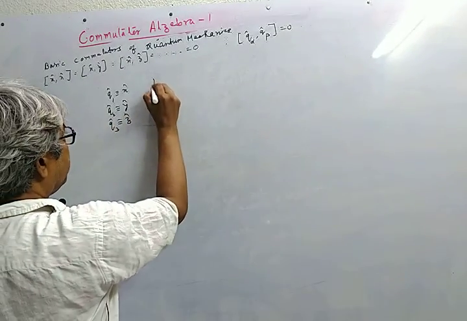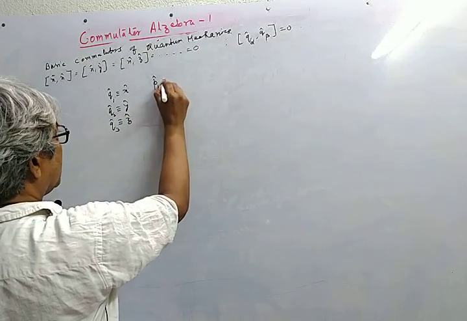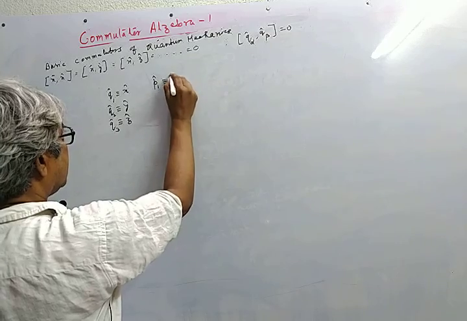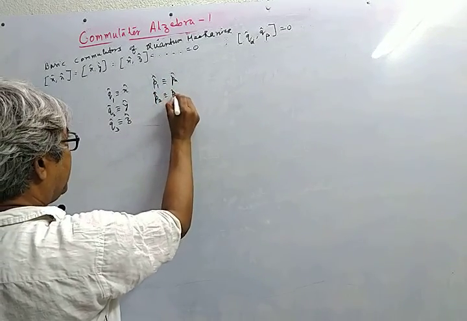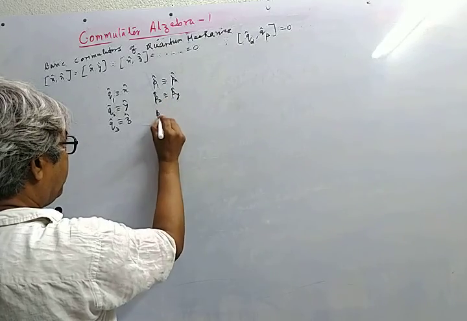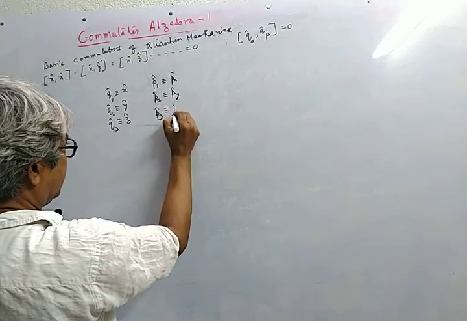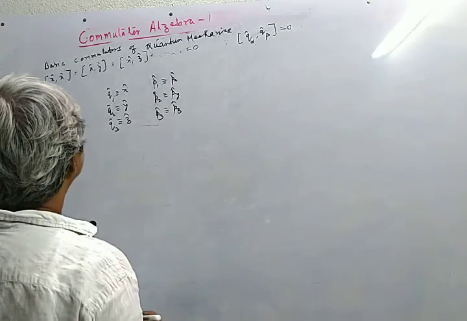Similarly, we call p1 equal to px, p2 equal to py, and p3 identified with pz.